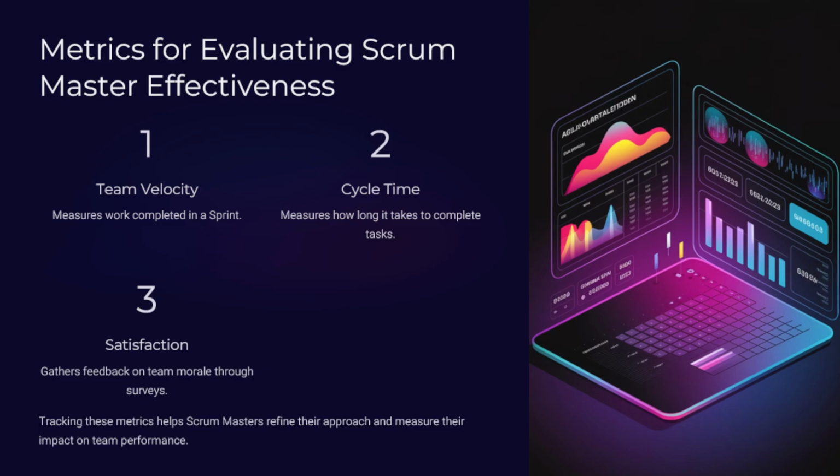Also, one of the measures that a Scrum Master can use to measure team performance is the cycle time, which measures how long it takes to complete a task. Finally, one of these important measures is the team satisfaction survey, which gathers feedback on the team morale. So these tracking techniques help the Scrum Masters to refine their approach and to understand how their team is performing.